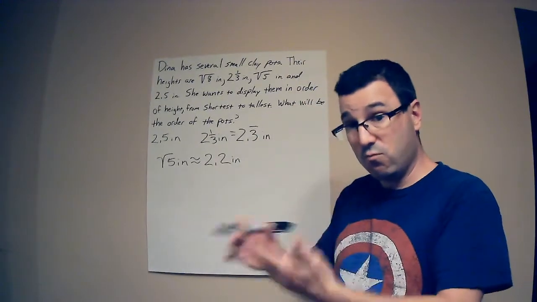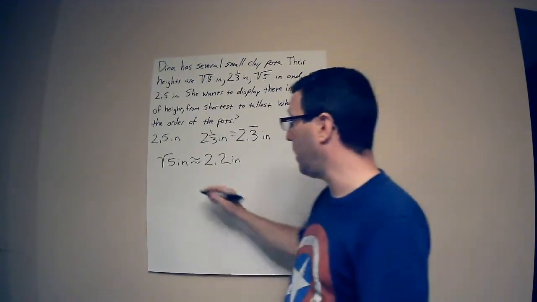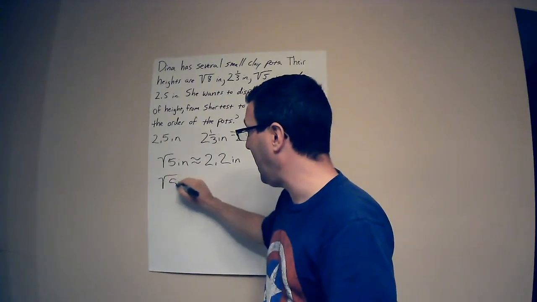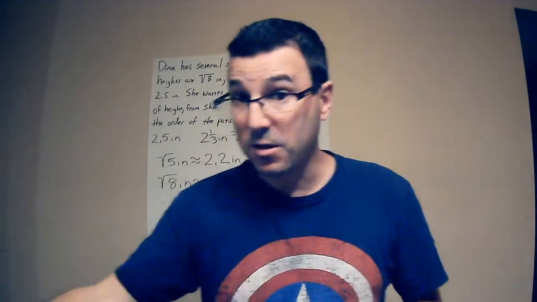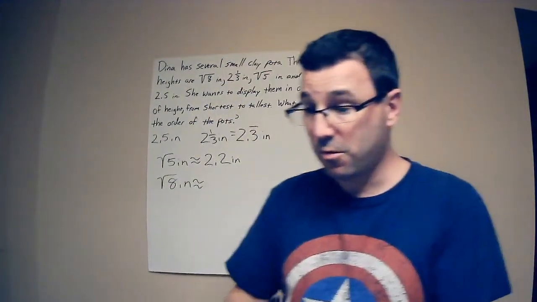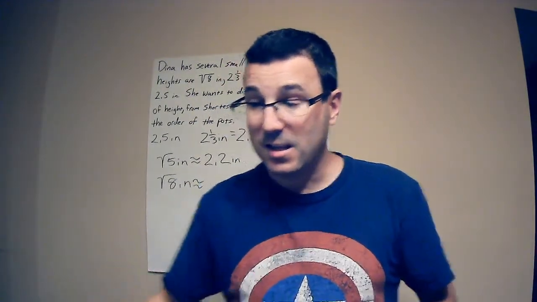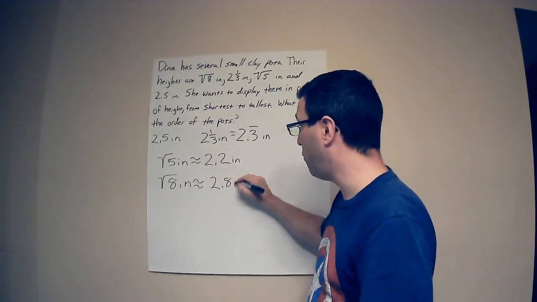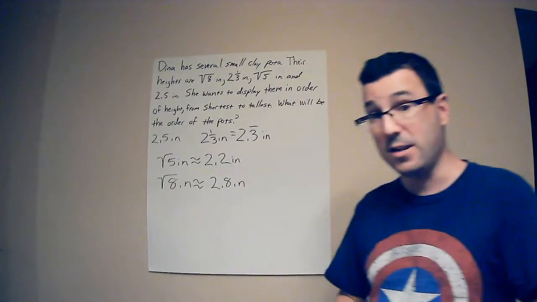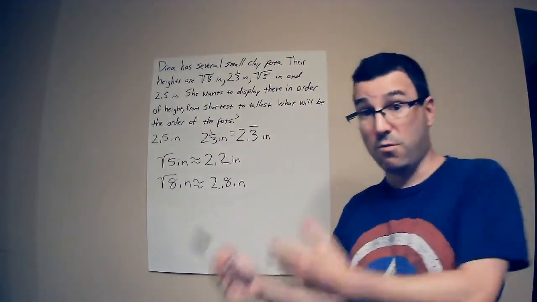So that's close to 4, okay? Whereas square root of 8, again, this is why it's good to have a calculator now. Square root of 8 is about 2.8 inches. So it's closer to 3.